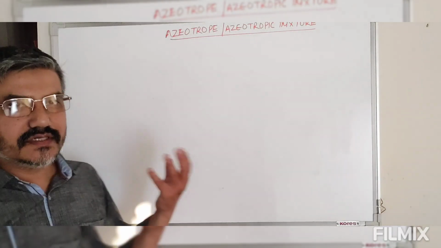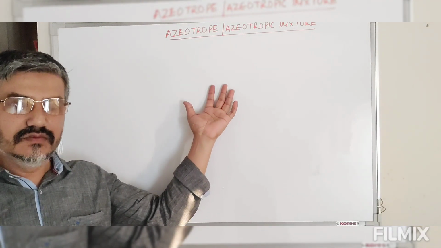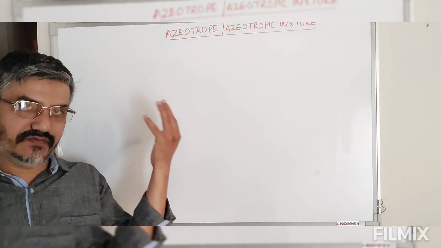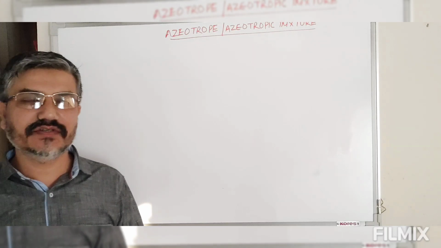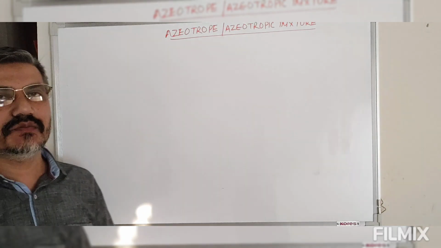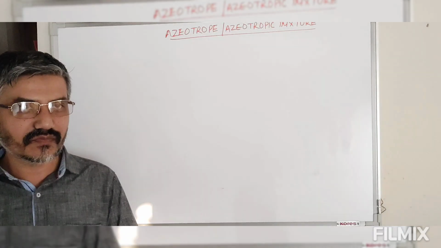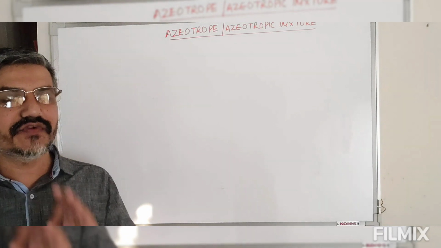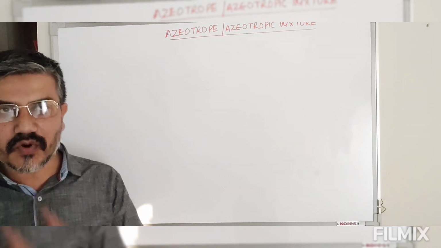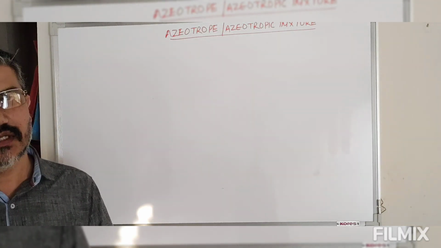Now look at this. Having learned the non-ideal solution, which shows positive deviation or negative deviation from Raoult's law, this solution shows a property which is known as azeotrope or azeotropic mixture. So an azeotrope is a mixture which boils at a constant temperature, whose boiling point is greater than or less than that of the individual components.